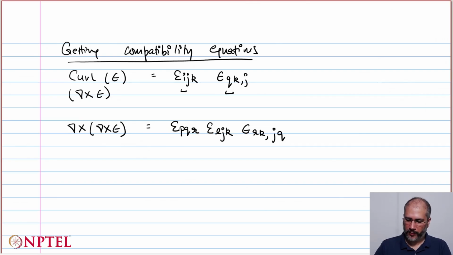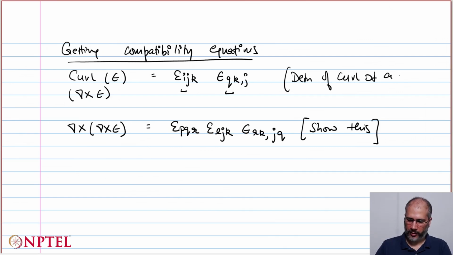So I leave it to you to show this using the definition of curl of a second order tensor. So this is going to be a good exercise for you in indicial notation and tensor calculus. So let's call this equation A because this is something we'll be working with.